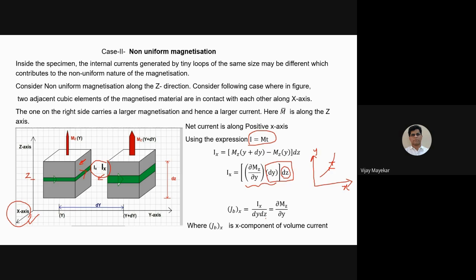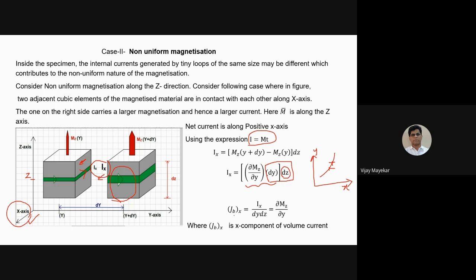Please note carefully where the dy comes and where the dz comes. Which area are we looking into? We are looking into this area, dy dz, and this area is taken for the calculation.